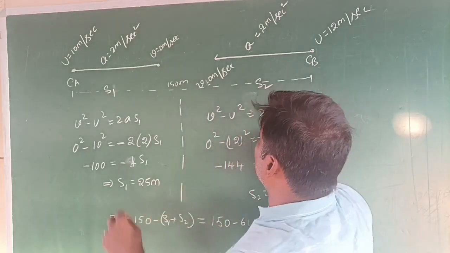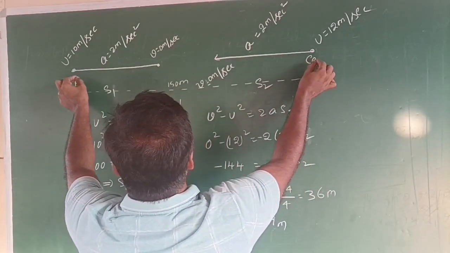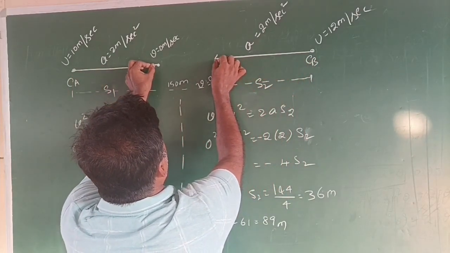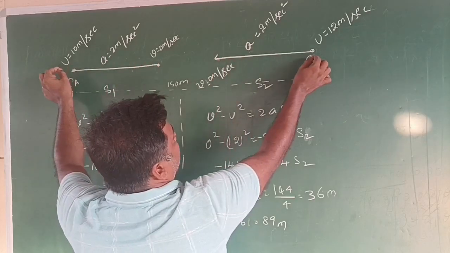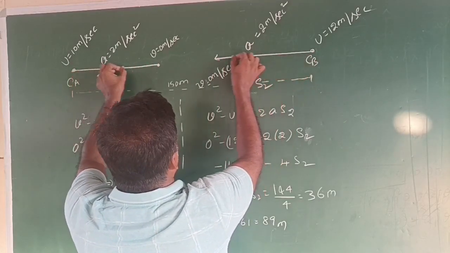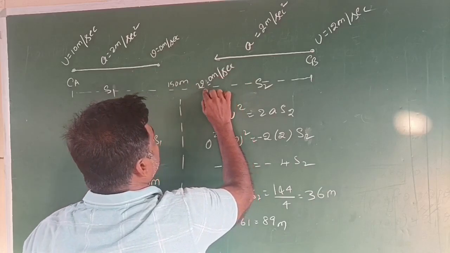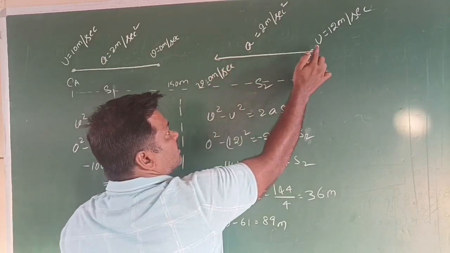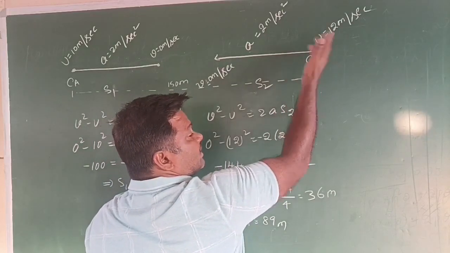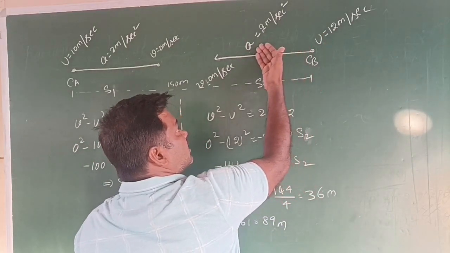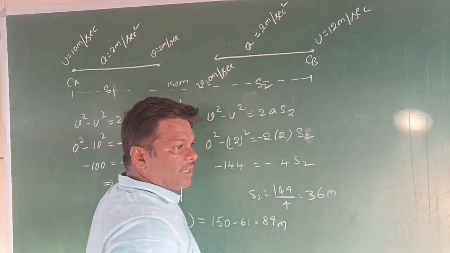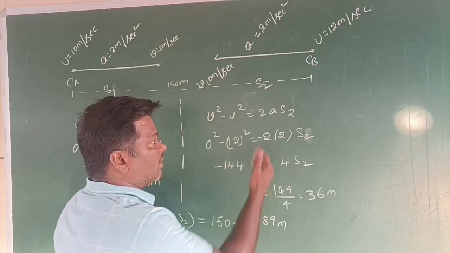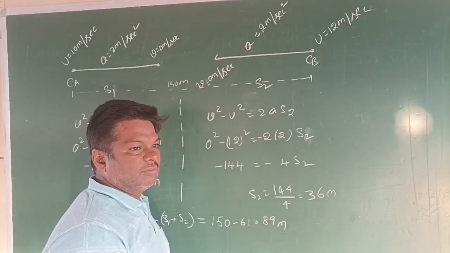Slowly their velocity reduces to 0 while reaching this location. Observe here, v is equal to 0 meters per second. When its velocity is 12 meters per second, he applied brakes with a deceleration of 2 meters per second square, and the velocity becomes 0 after traveling a distance s2.